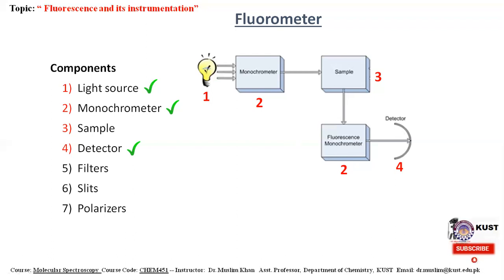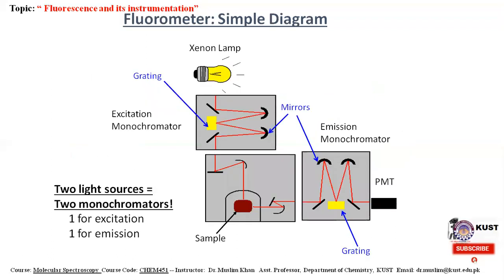While discussing the fluorometer, we will discuss three types of design. Three types of designs mean simple, then medium, and then the hard one. So this is a simple diagram of a fluorometer. As I told you, a xenon lamp is used as a source of light.